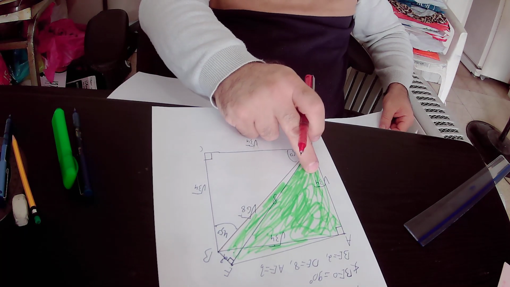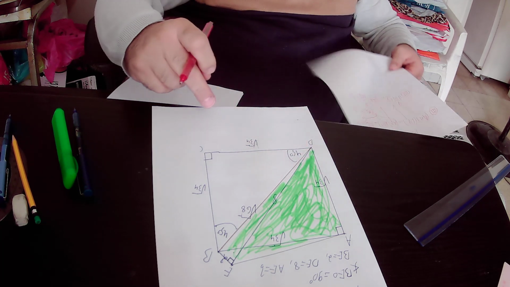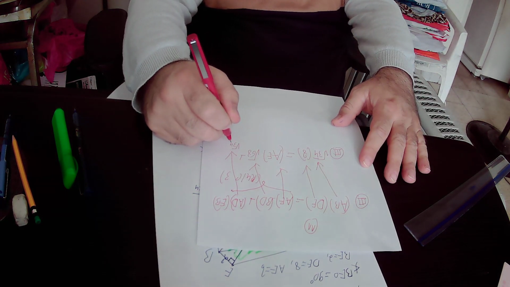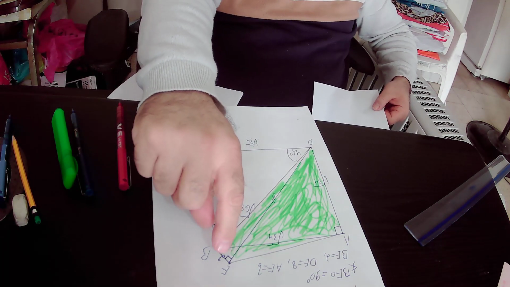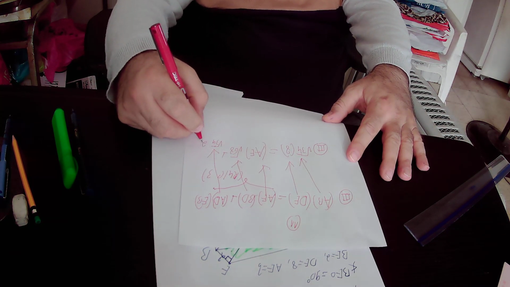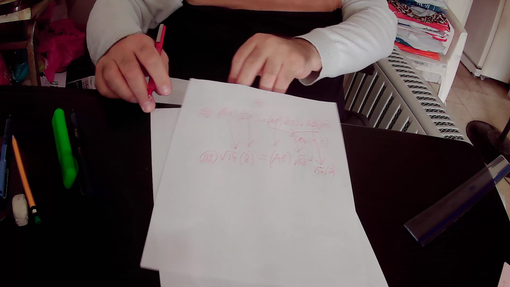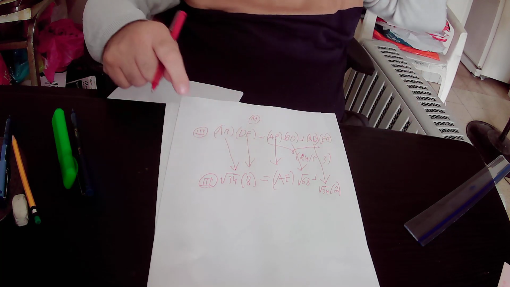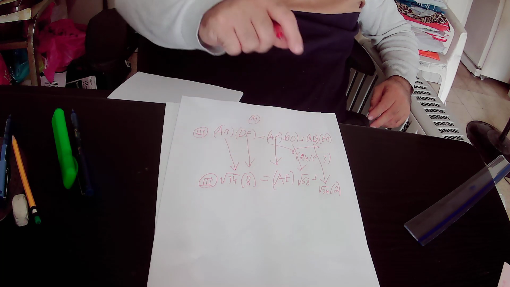AD equals square root of 34, times EB. EB equals 2 units, as given in the question. After we put the data inside equation number 3, we got this equality, and the only missing variable is AE.